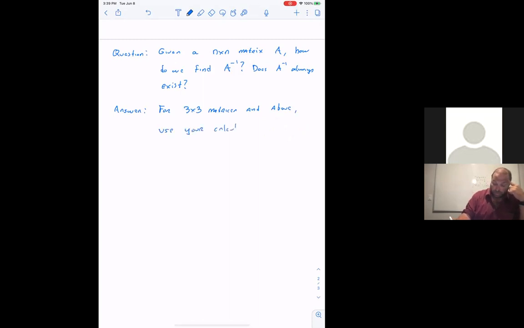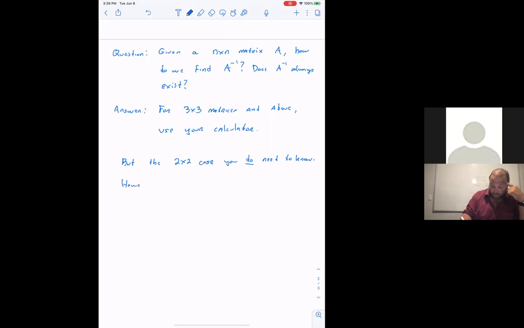The IB does not require you to learn some of the more advanced techniques for finding an inverse, so your calculator can do all the work for you. But in the 2 by 2 case, you do need to know. And when I say you do need to know, just be aware the formula booklet gives it for you.